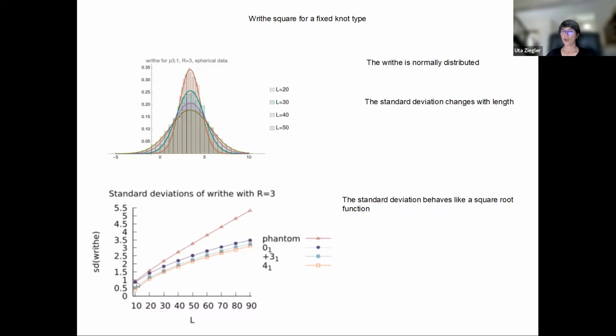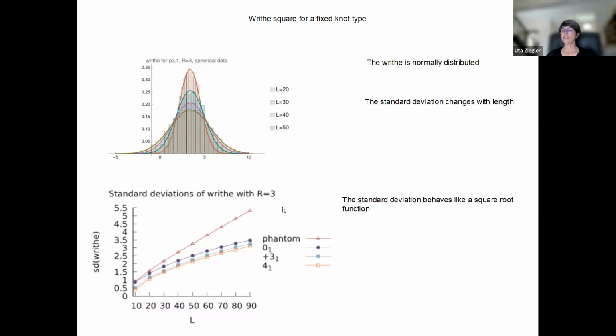And here's a diagram where we show the standard deviation of the phantom. And here are the standard deviations of the unknot, the positive trefoil, and the 4,1. The standard deviation of the knots behaves a little bit like a square root function, and the standard deviation of the phantom behaves like linear.